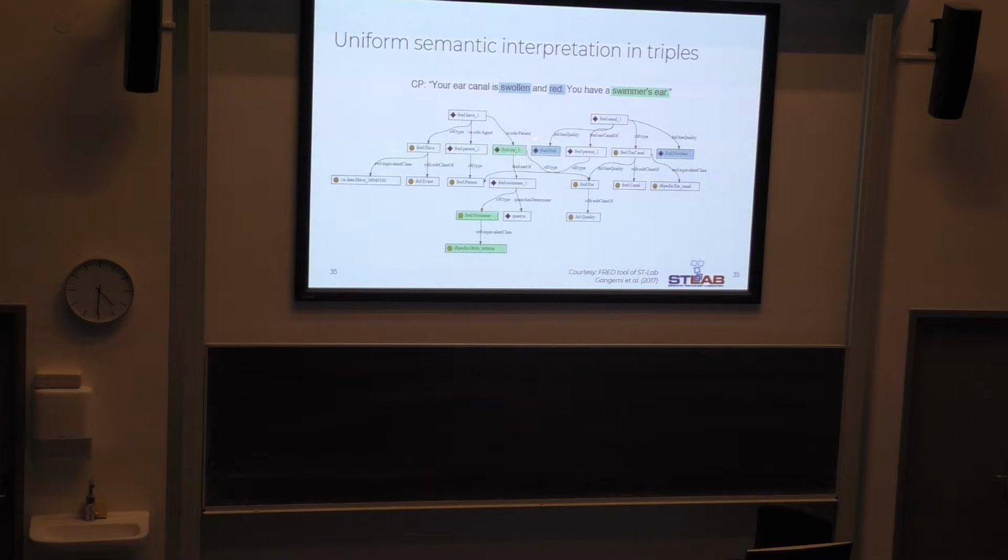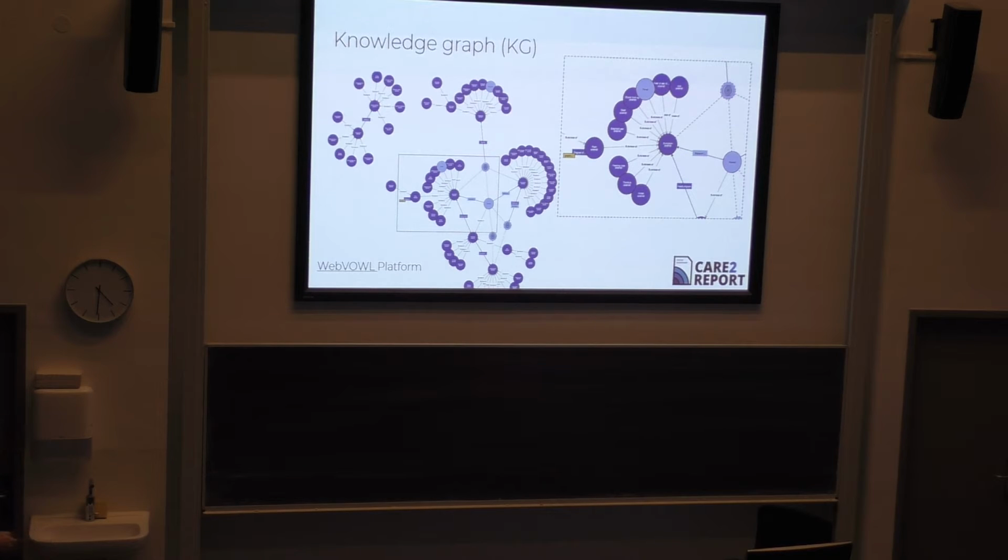And similarly, the ear has a swimmer's ear, but that is also already recognized as otitis externa. So that's very nice. And this is from our own system. So we linked it with WebProtégé, and you get this kind of graphs that we need to match, and this is already being reduced, but you see pain and itching and things like that.